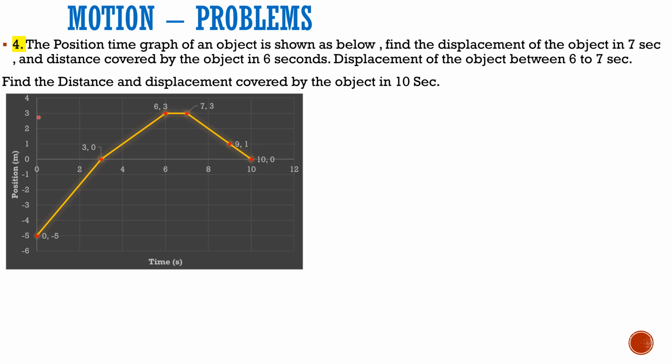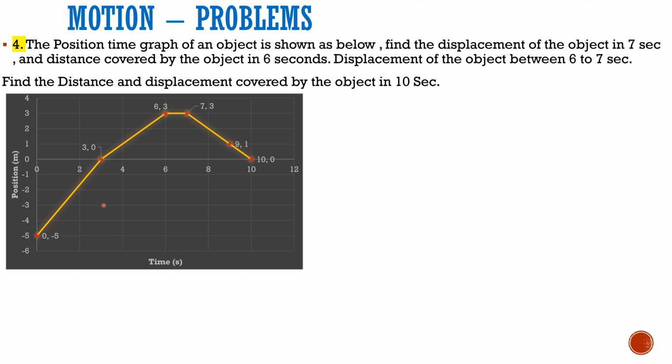At time t equal to 7, we have the position again 3, which means that between 6 to 7 the position remains the same.